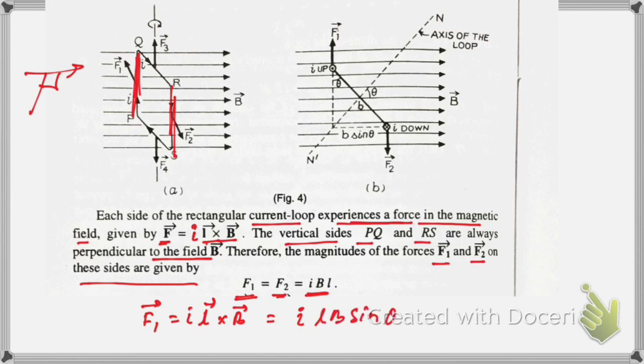Here theta is 90 degrees in this case because these two are always perpendicular to the field. So sine 90 is 1, that is why we have got F1 and F2 is equal to IBL. Hope you have understood this.